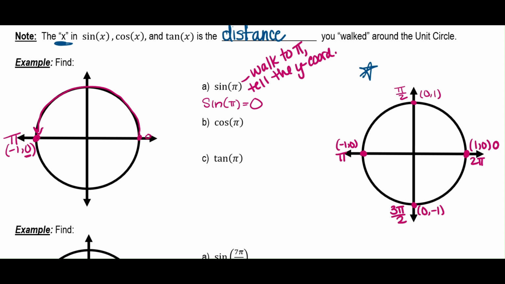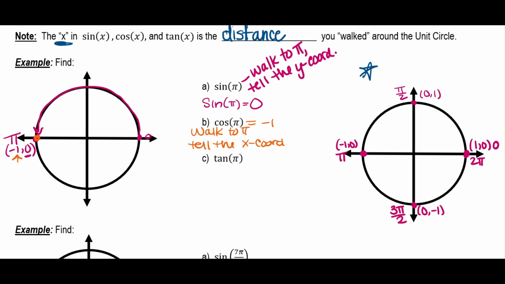Okay, so then when they say cosine of pi, again, they're saying walk to pi, and then you're going to tell us the x coordinate. No big deal. So here I am walking to pi, and the x coordinate is going to be negative 1. So cosine of pi is negative 1.